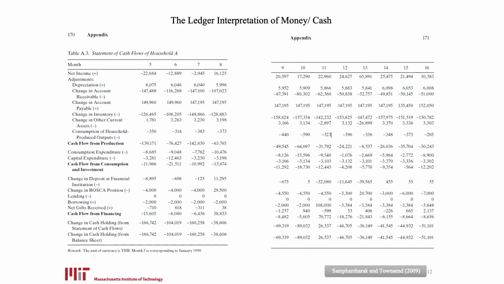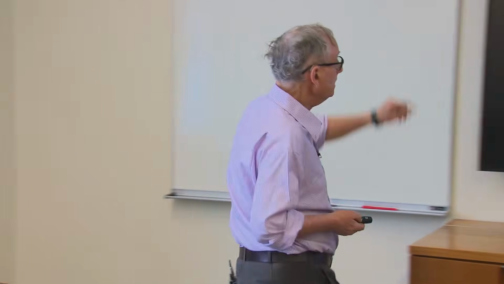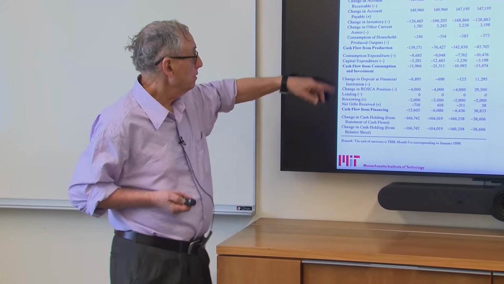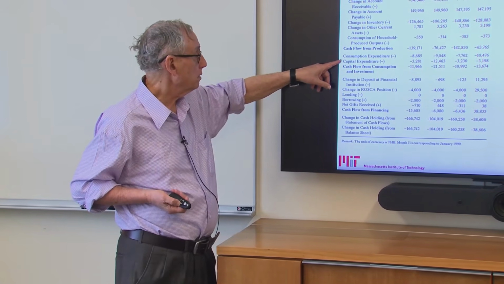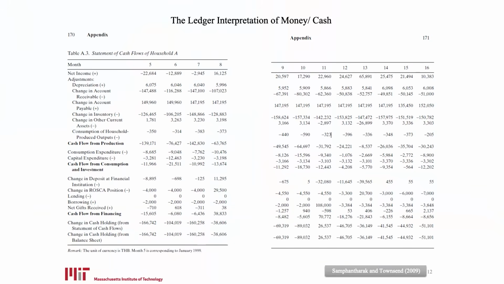And here's consumption. Consumption of household produced outputs, they just grew the crop and ate it, so there's no implication for cash, but it's still revenue. All right. So we get cash flow from production, then you can spend cash on consumption goods or spend it on investment goods, cash flow from consumption and investment. Then we have the financial side: change in deposits at financial institutions or other institutions, borrowing and gifts.